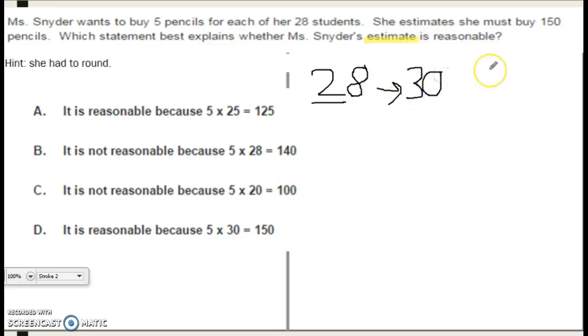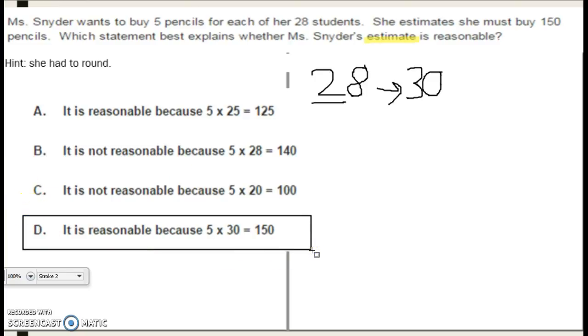And since she's estimating the total number of pencils she needs to buy, this is, of course, a multiplication problem. 5 pencils for each of her 28 students, or the estimate 30 students, the answer would be D. 5 times 30 is 150. So this would be a reasonable estimate.